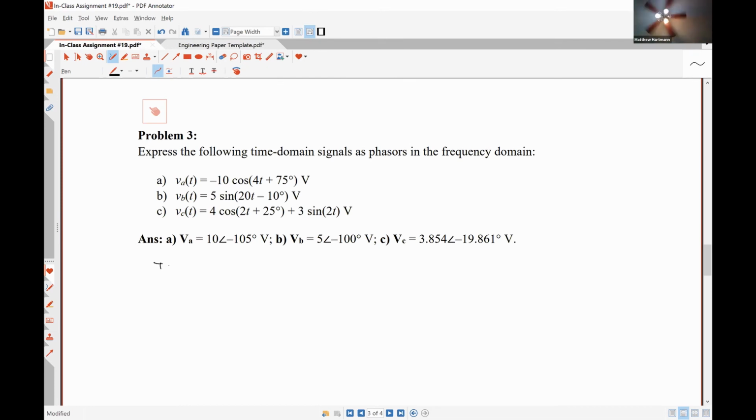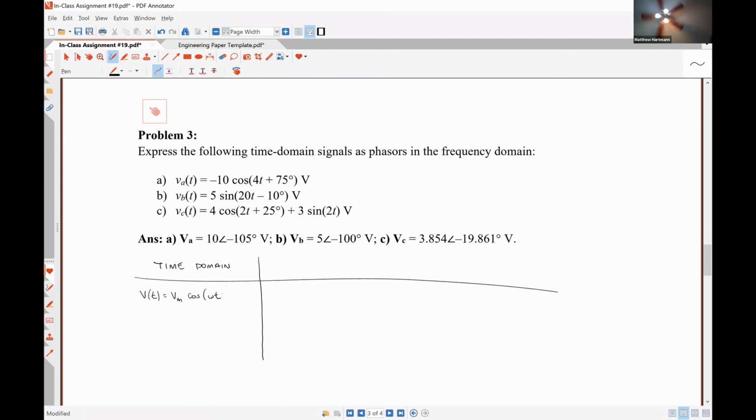So we're going to have a time domain representation. And time domain means that we're going to be having signals. Let's just arbitrarily say it's a voltage signal. V of t is equal to Vm, which stands for the magnitude of the voltage waveform, cosine omega t plus some phase angle theta v.